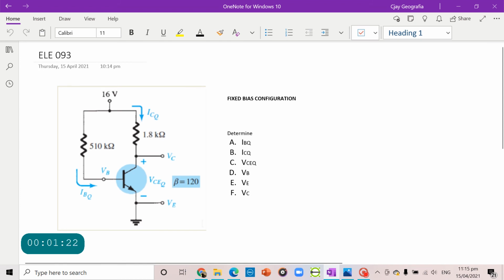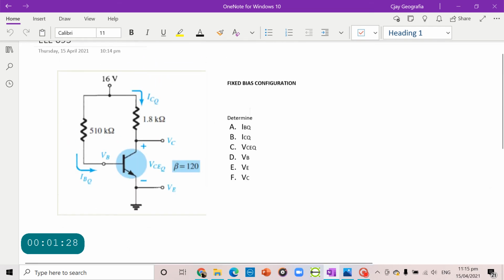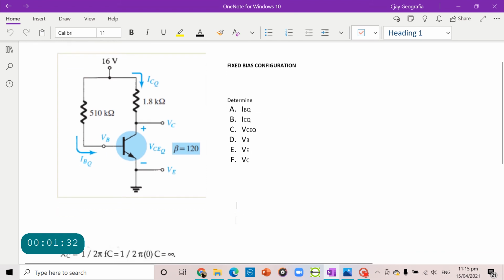If we use the KVL method, so I will just put it in here. In this diagram, we can formulate an equation for this fixed bias configuration.